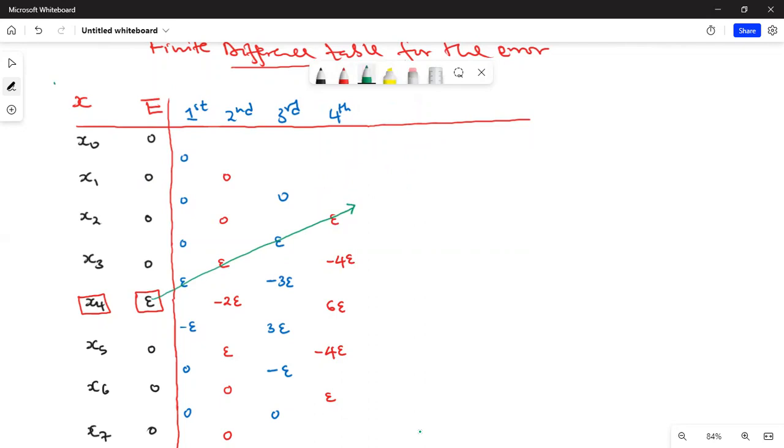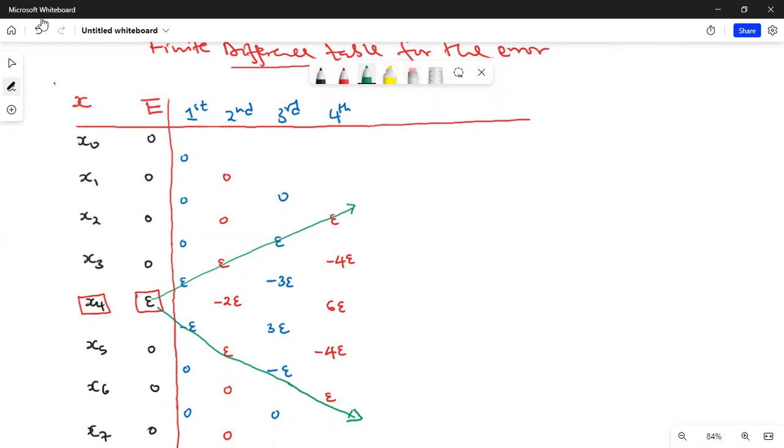Another one is this other side. Let me draw it in a better manner. So the error spreads in this manner. And you see, if you continue with the higher order differences, the error becomes even bigger as the order increases. So what are the observations that we make from this particular table?